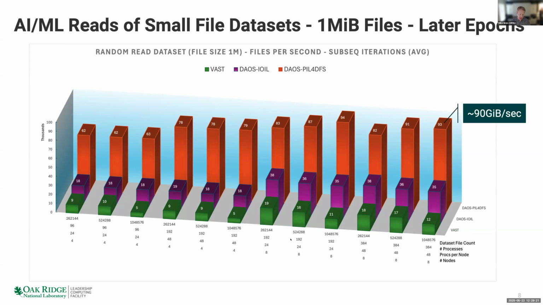So my guess, although this needs to be verified, is we're getting past the amount of data that they can cache in either their D boxes or C nodes, and so there's a fall off there. But again, the performance of IOIL and pill for DFS is relatively consistent for the small file rereads.